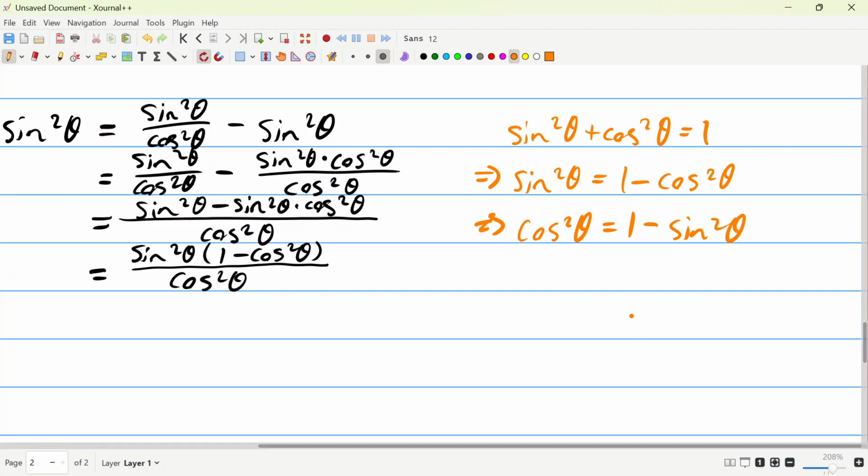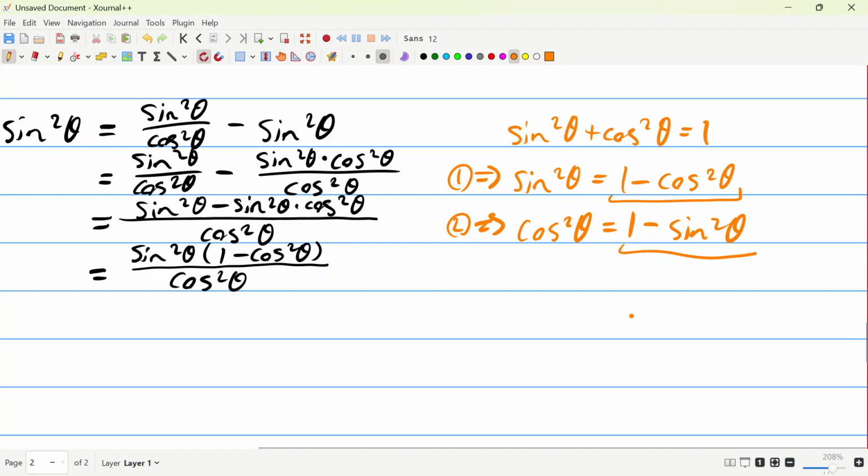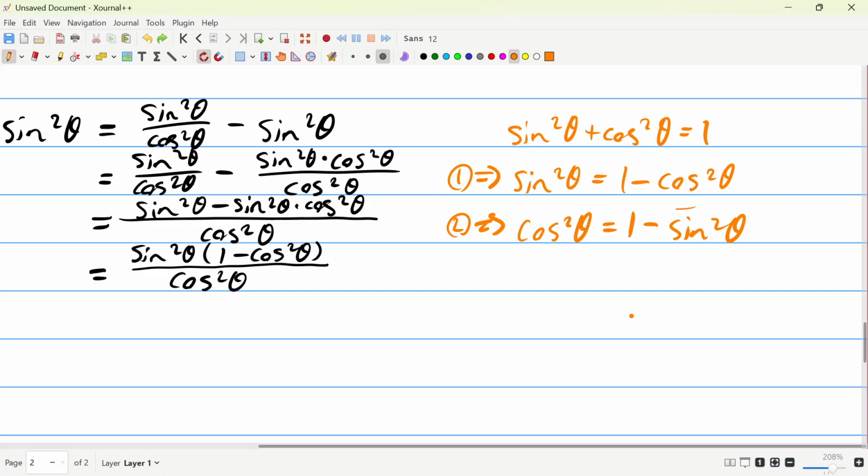Okay? These are the two variations of this identity. So when you see these patterns, you would already know this goes into one term. So you reduce it from two terms to one term. And that's usually what this identity can also do. That's the best part about this identity right now.